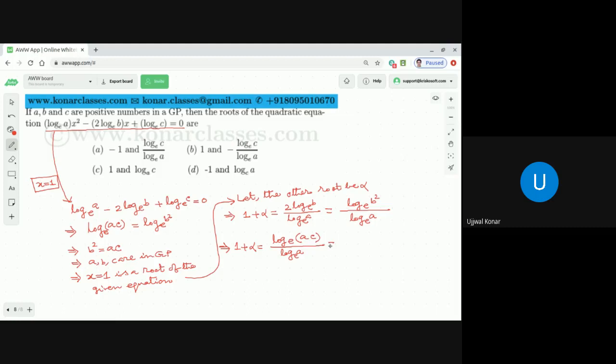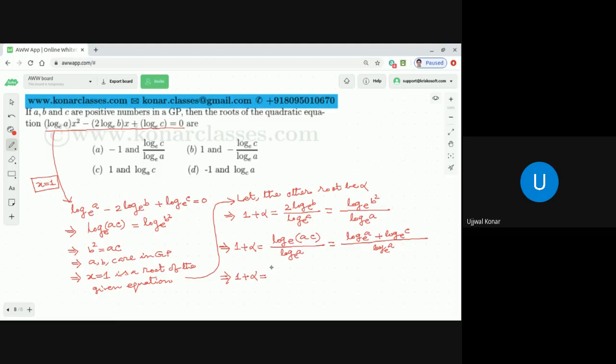Now log of m into n is equal to log m plus log n, we learned that formula, so we apply it here. That implies log a base e plus log c base e divided by log of a base e.